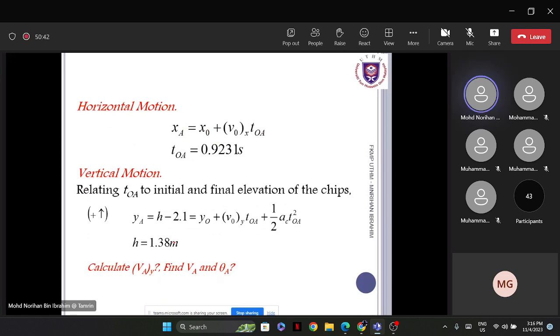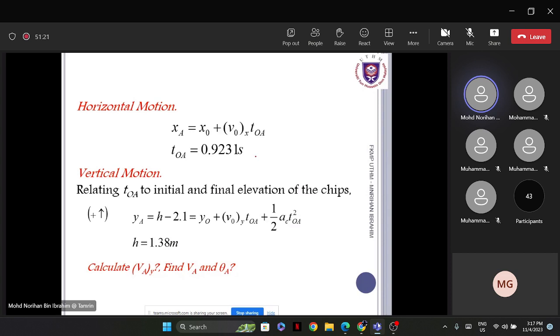For the horizontal motion, the equation which needs to be considered is xa is equal to x naught plus v naught x TOA. This is the one where you need to find the time of flight TOA. XA we already know, x naught we also know, and VOX was obtained from the earlier method. Then we only have one unknown, which is TOA.